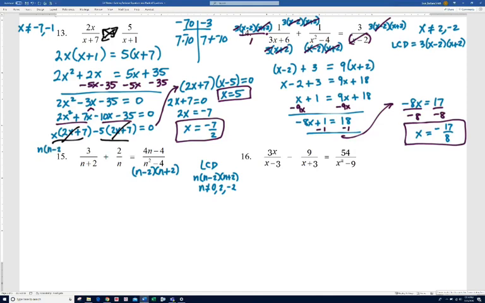So let's multiply each of these fractions, or each term, by our LCD. Notice with the first product here, the n plus 2's will cancel, and we're left with 3 times n minus 2, or 3n times the quantity n minus 2. And then when we multiply by 2 over n, notice only the n's are going to cancel.